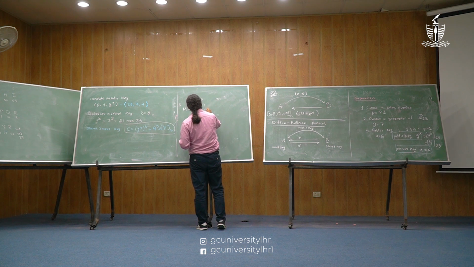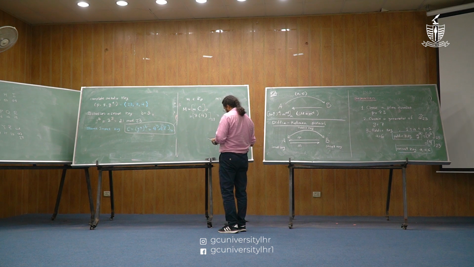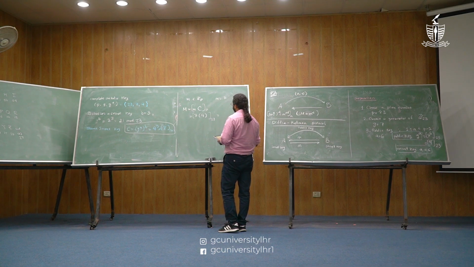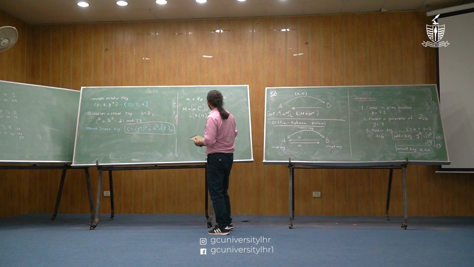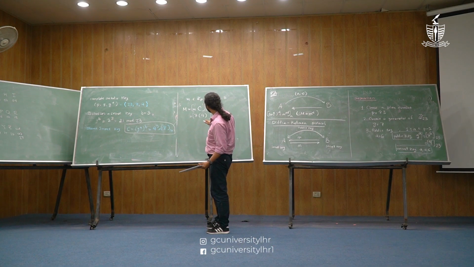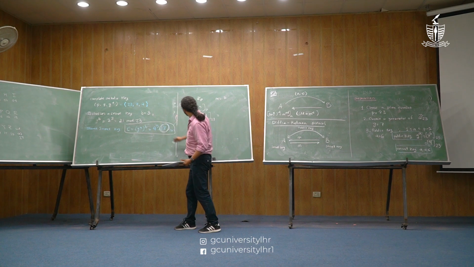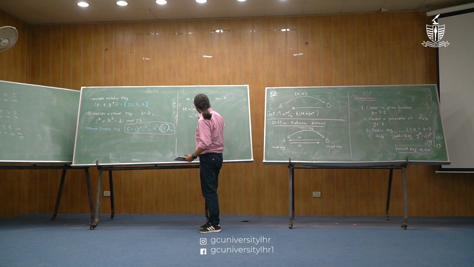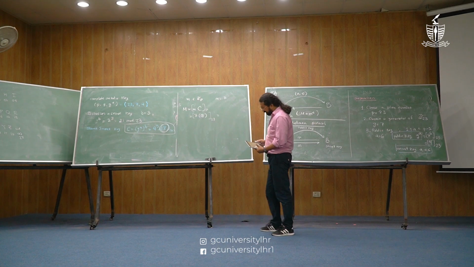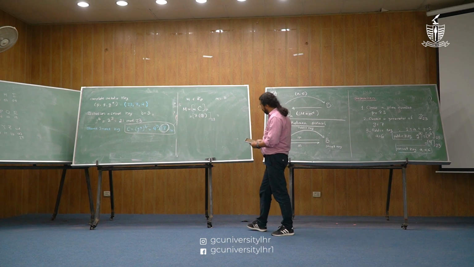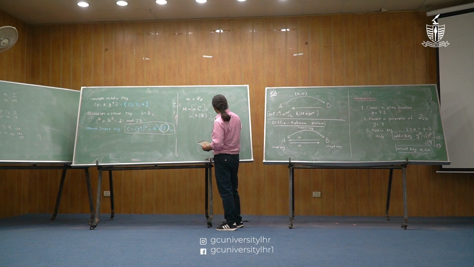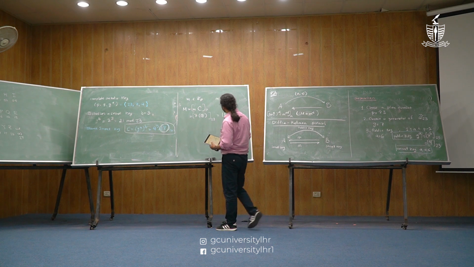This is modulo P. Okay? I'm wrong, right? Because this should be C, which is 18. So 7 times 18 is 11 mod 23.